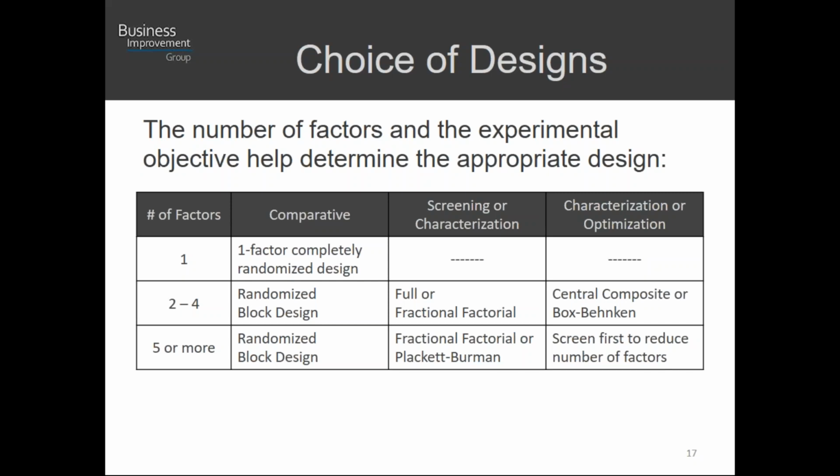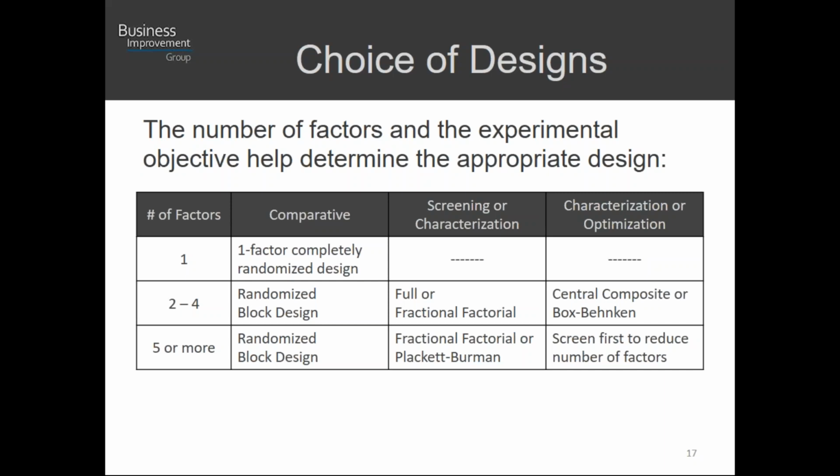So when we start introducing 5 or more, you end up with a lot of work. But we can still use the fractional factorial. We still get a lot of great information with fewer runs, so it's very efficient. But there's also another design called Plackett-Burman, which is also very effective for screening.